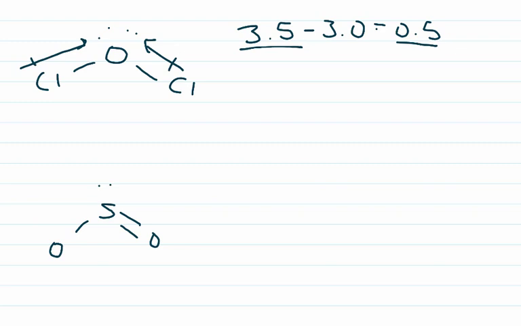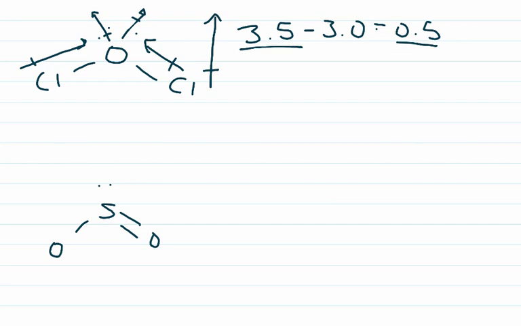And we can look at the lone pairs as if they were dipole moments as well. It's not the technical way to think about it, but it won't steer you wrong if you think about it that way. And we see that there's an overall dipole moment pointing upwards here.